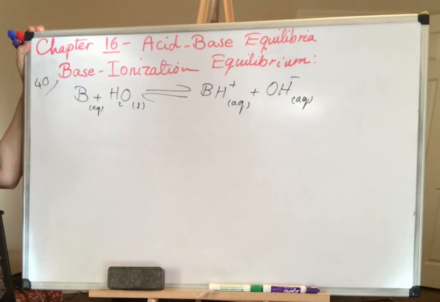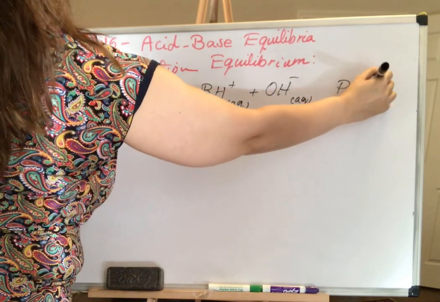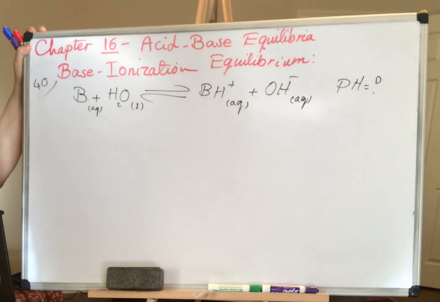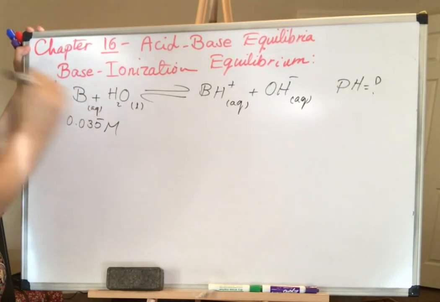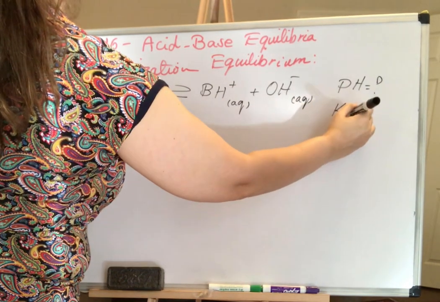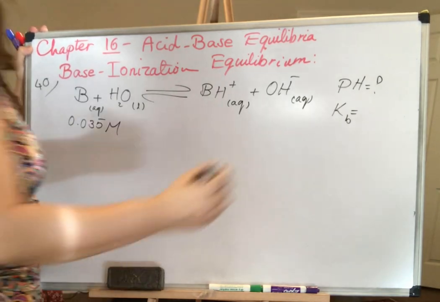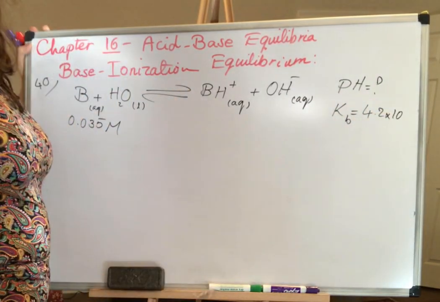Aniline is used in manufacture of some perfumes. So we are solving for pH of a 0.035 molar solution of aniline at 25 degrees Celsius. Kb is given, 4.2 times 10 to negative 10.